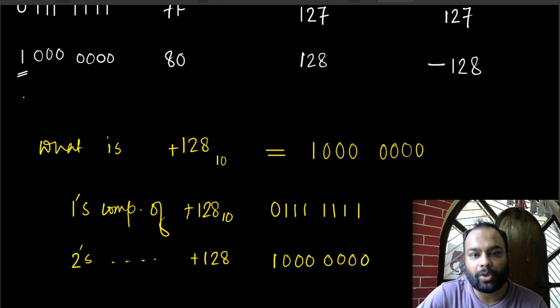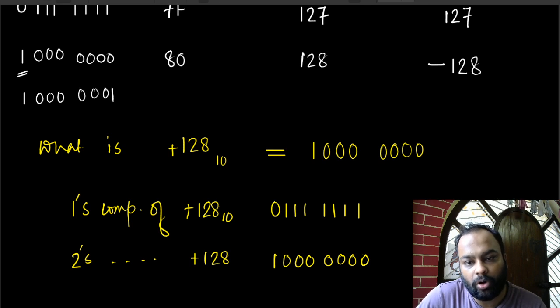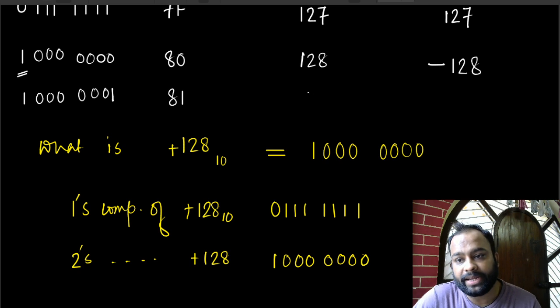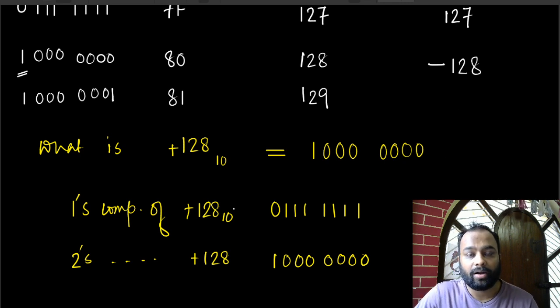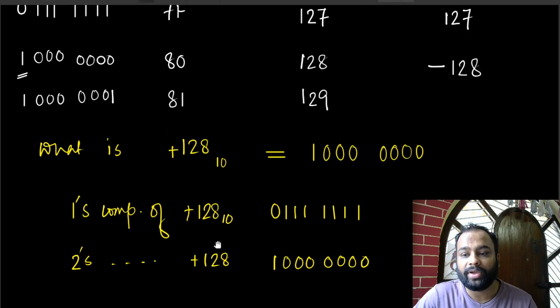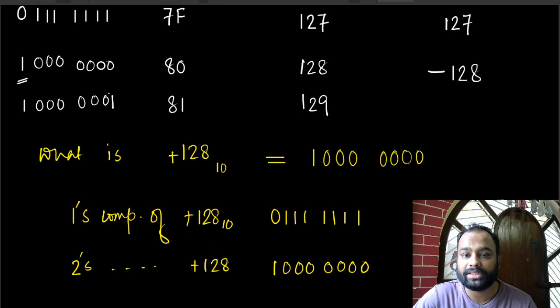All right. So what is the next number? 1 0 0 0 0 0 0 1. Again, we are considering signed numbers. So in hexadecimal, that's going to be 81, and in unsigned decimal representation, that's going to be 129. Now again we are trying to figure out what number this is the two's complement of.